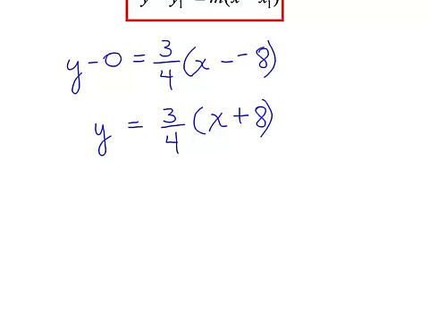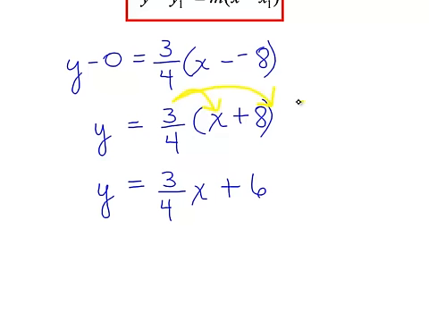Now, depending on how your teacher prefers the answer, let's simplify this and then talk about the different forms. I'm going to use distributive property first. So I will have y is equal to 3/4 x plus 6. I use distributive property, 3/4 times x, and then 3/4 times 8.